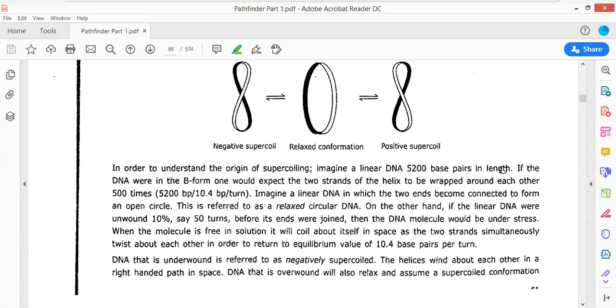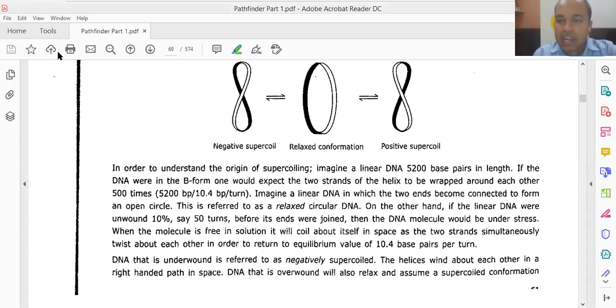If there is a B-DNA that has 5,200 base pairs, then what would be the normal linking number of this B-DNA? In the case of the relaxed form, that is referred to as Lk0, the standard linking number. The standard linking number can be tabulated by dividing 5200 by 10.4 base pairs per turn, because each helix has 10.4 base pairs per turn within itself.